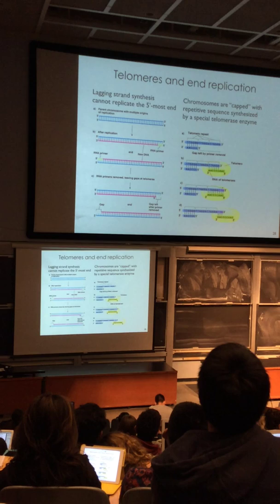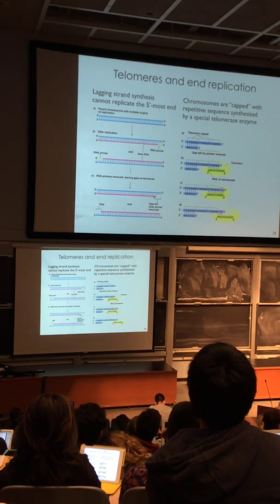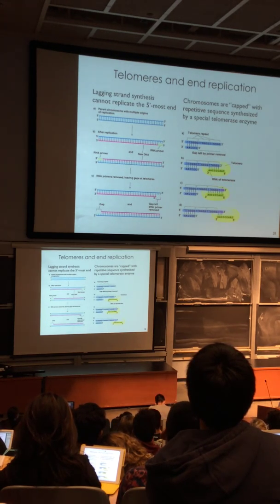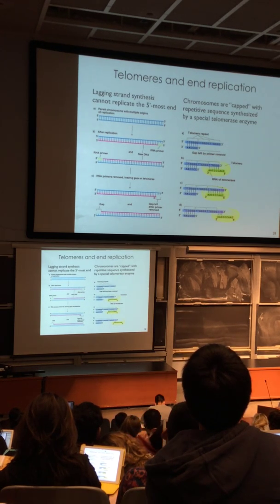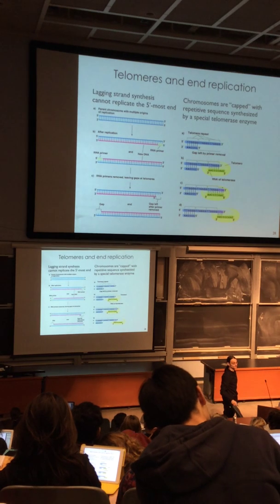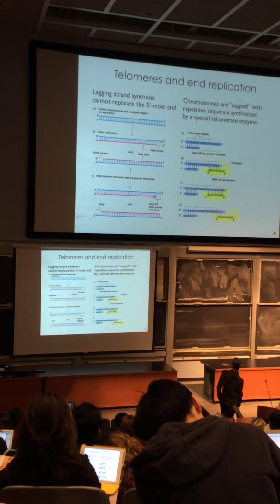This is a problem because when you get rid of those RNA primers, you actually have a gap, and because DNA synthesis always has to go 5' to 3', you have no way to fill in that gap. If you did another round of replication, you'd start to erode the chromosome further and further back, and you start losing genetic information off of the ends of chromosomes.